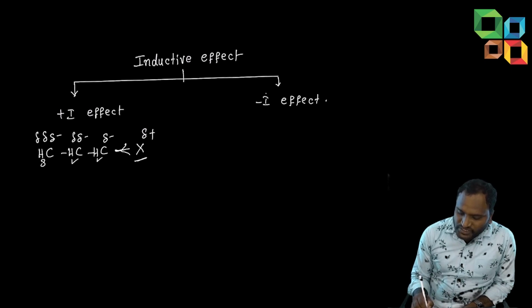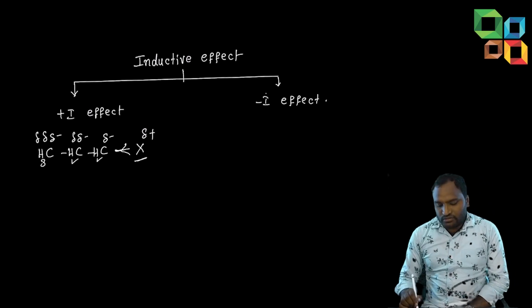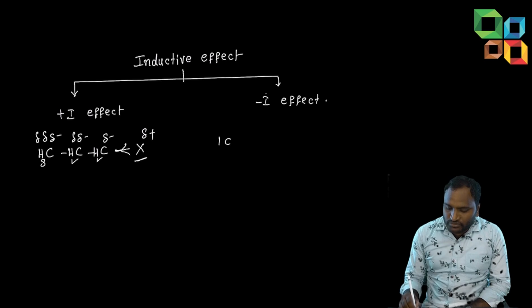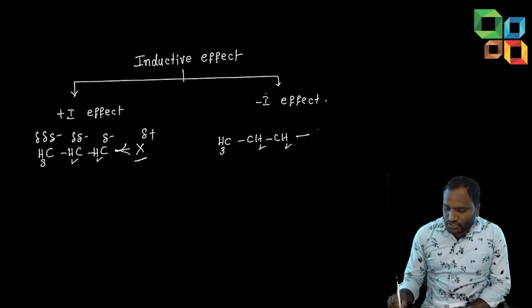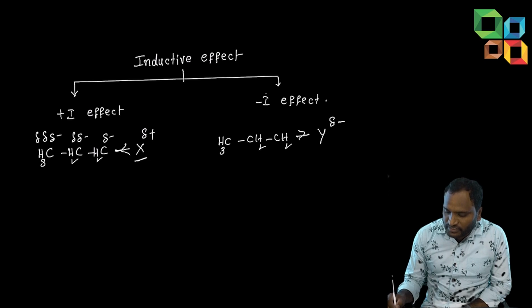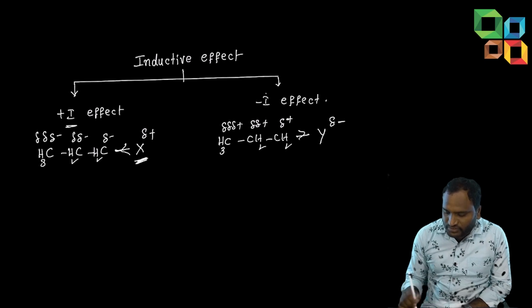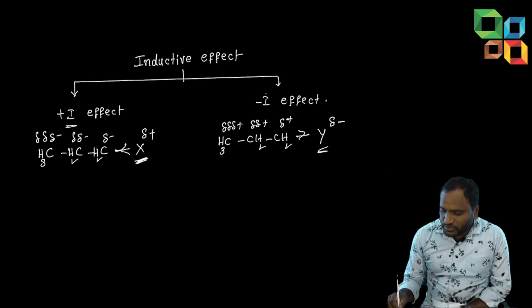So here the group is giving electrons to the chain. Here Y is one group. It is taking electrons. That time this will get negative charge and the carbon will get positive charge. So if the group is getting positive charge, plus psi effect. If the group is getting negative charge, minus psi effect.